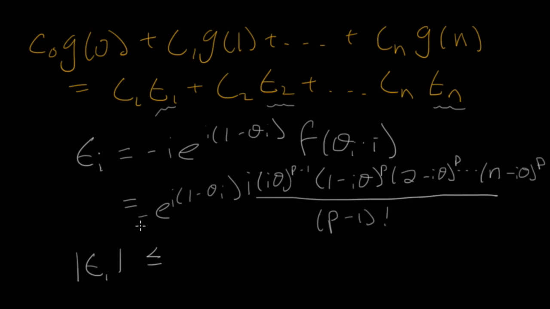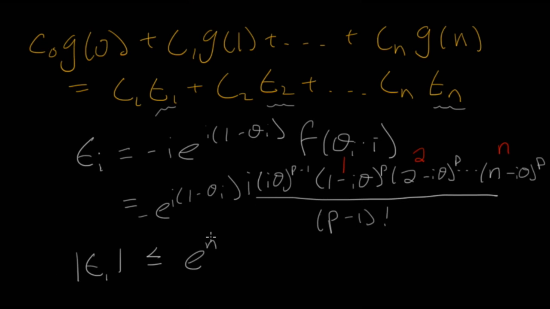So now we know i has to be less than n. And since theta is between 0 and 1, we can say that this whole thing is going to be less than this. Okay? And so using the same argument, we know that 1's going to be greater than this, 2's going to be greater than that, and n's going to be greater than this.